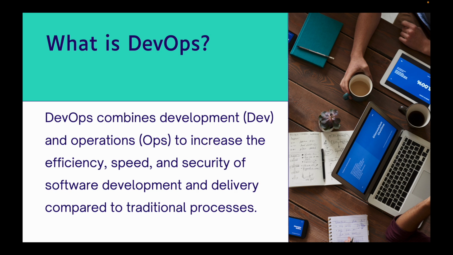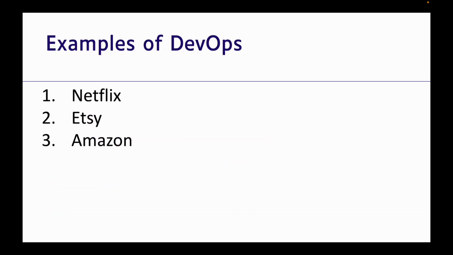Means in less time, they have to complete a software with more accuracy compared to traditional processes. Compared to traditional software development, they're using DevOps, in which they increase the efficiency, speed, and security. Now, there are some examples of DevOps. Number one is Netflix, number two is Etsy, and number three is Amazon.